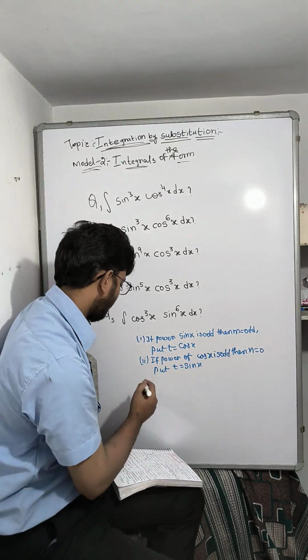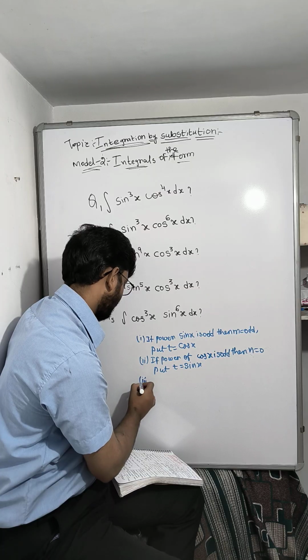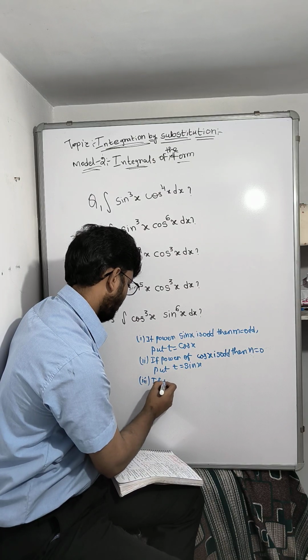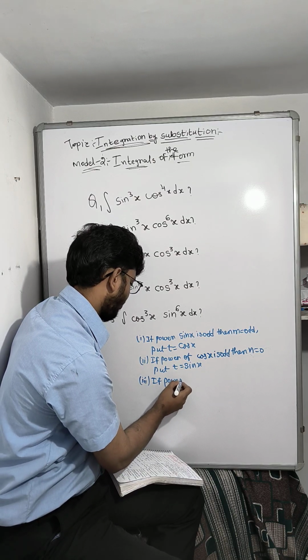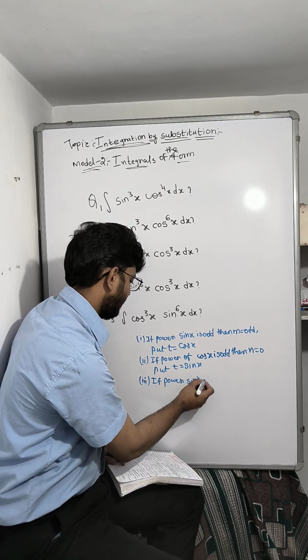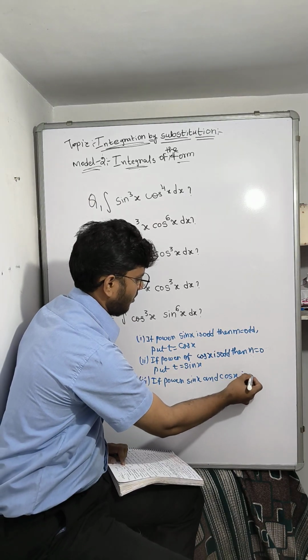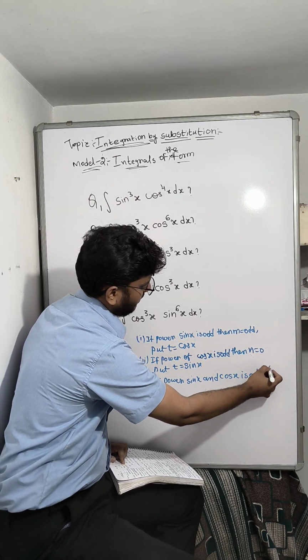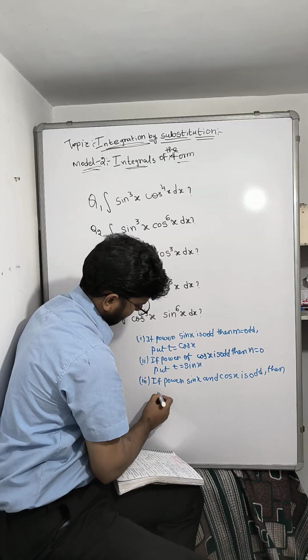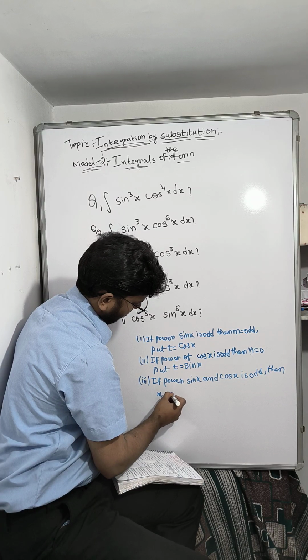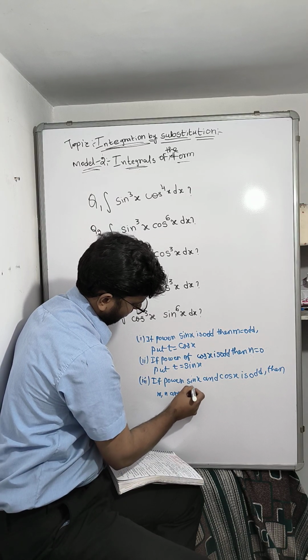Third condition: if the powers of sin x and cos x are both odd, then m and n are odd.